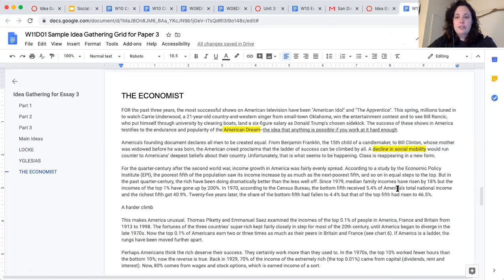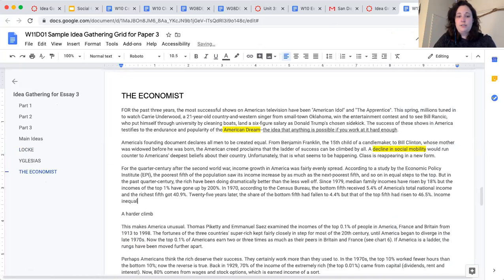If not, we can write our own. I'm not really seeing much, so I might say something like: income inequality has increased.